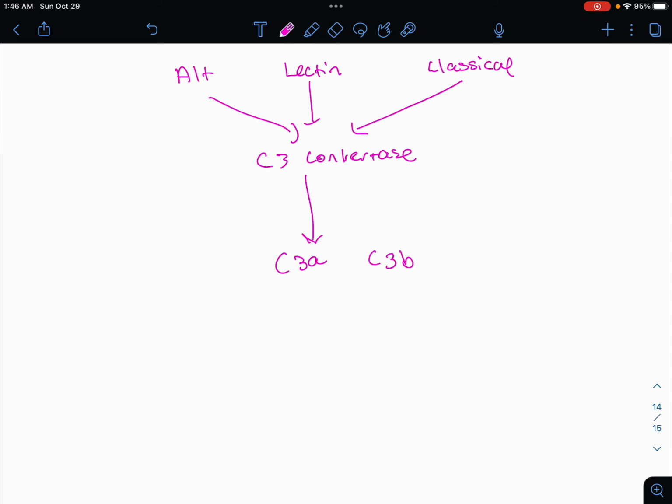Okay, so C3A, what happens with this form of C3 protein, this is going to be the inflammatory response. So A to inflammatory. The C3A and C5A will induce changes that contribute to local vesicular permeability and attract phagocytes.